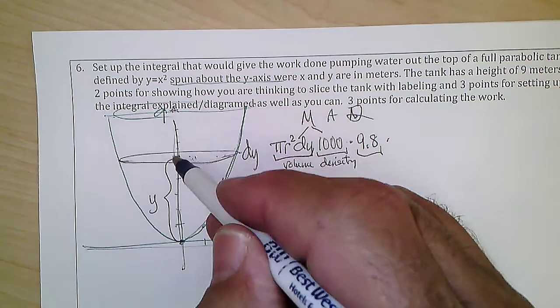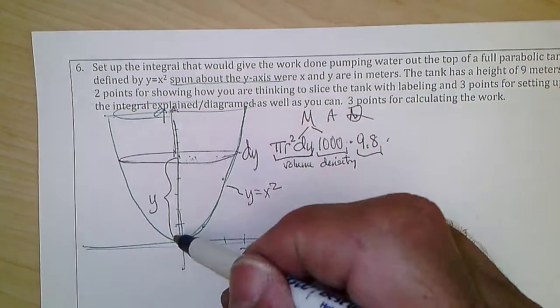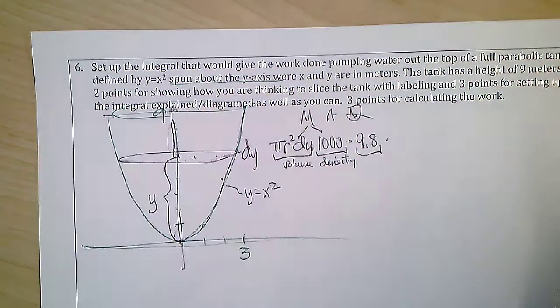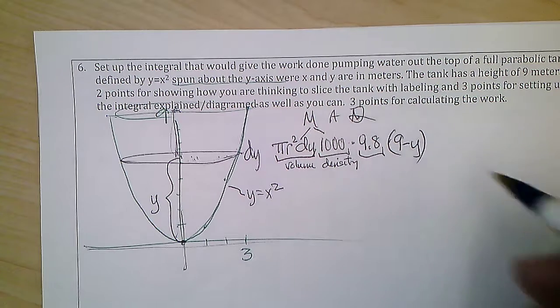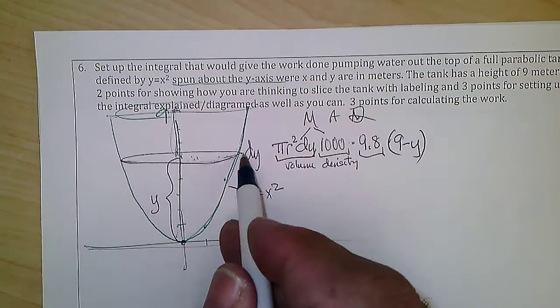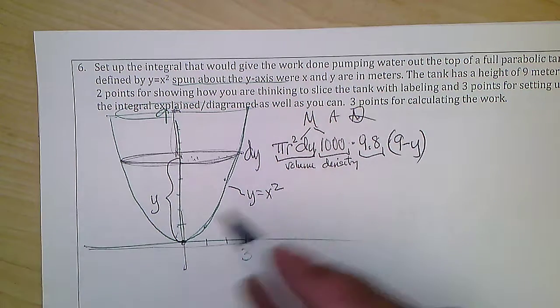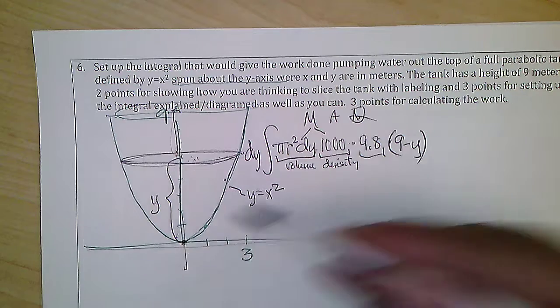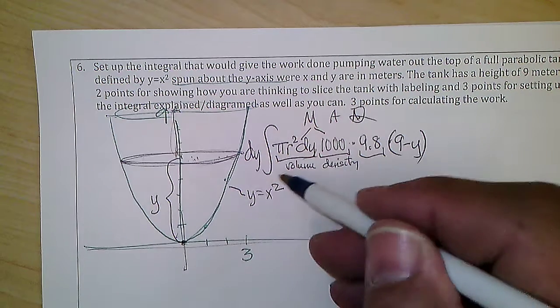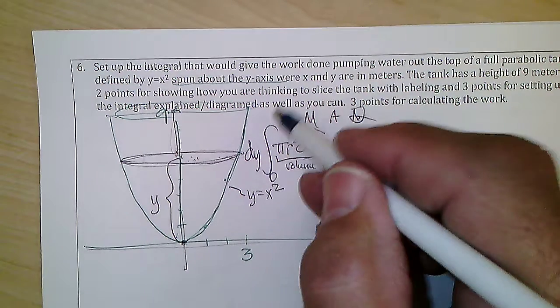It would be this distance, which is 9 minus y. That would be the work to lift that one slice. And then we have to add up all the slices from, this is dy, so from 0 to 9.